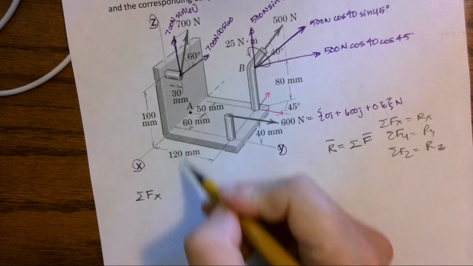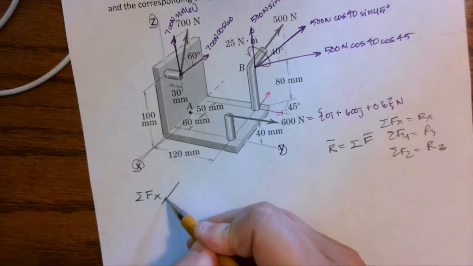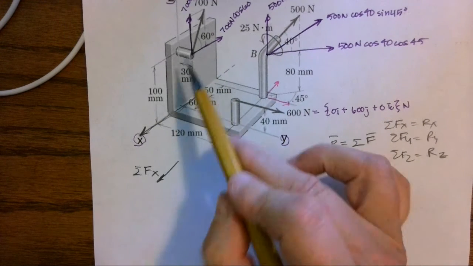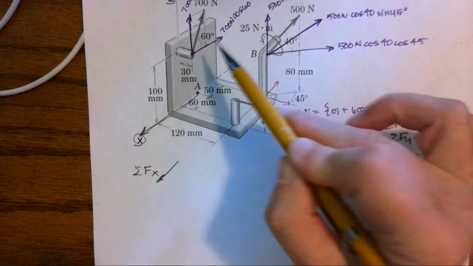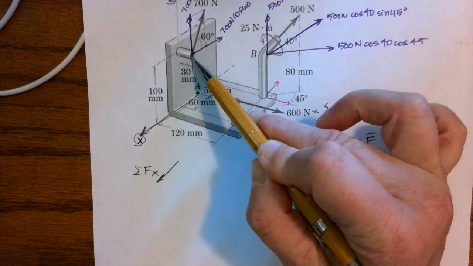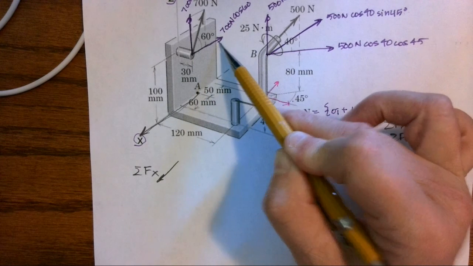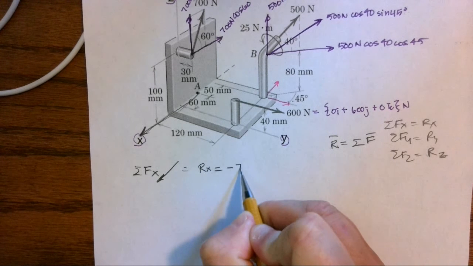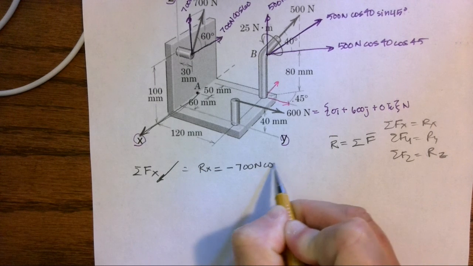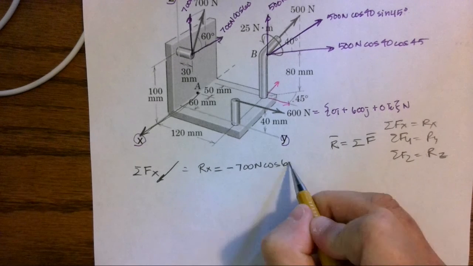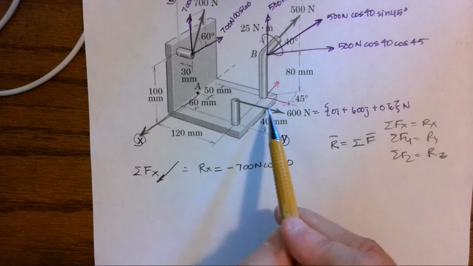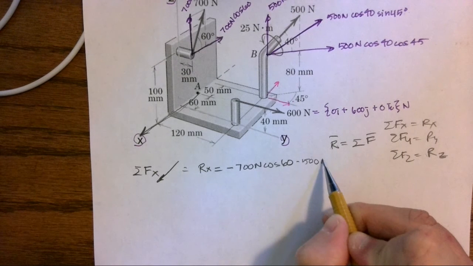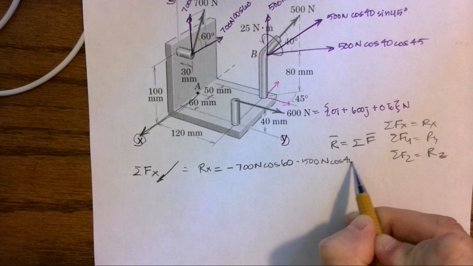I'm going to call positive in the direction of my positive x-axis. So if I look at my figure, I can see that's acting opposite. So negative 700 newtons cosine 60. And then that's a y. Here's minus 500 newtons cosine 40 sine 45.